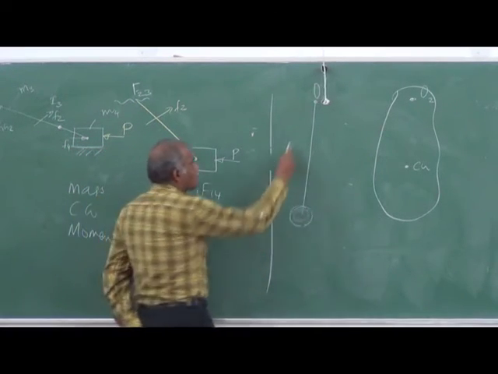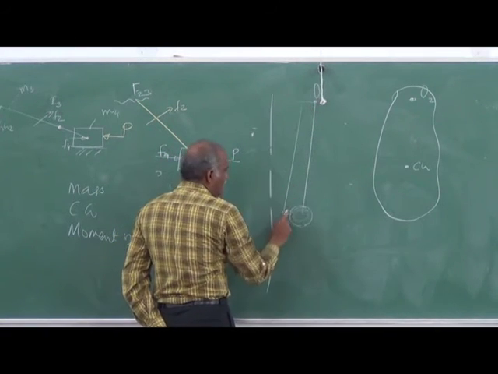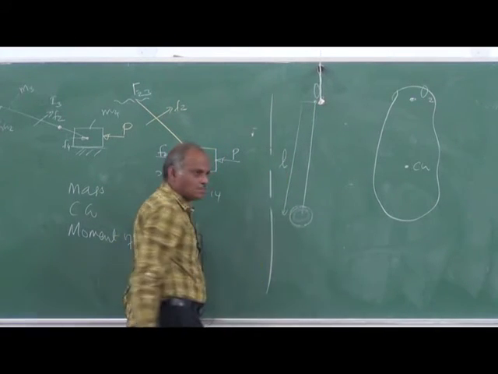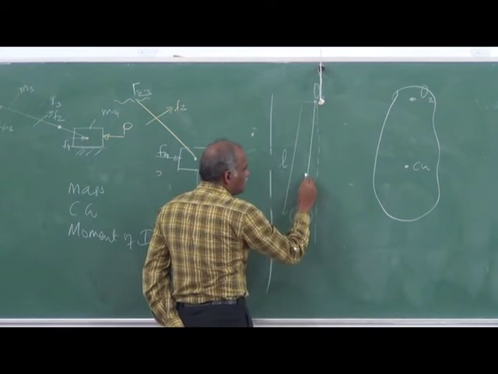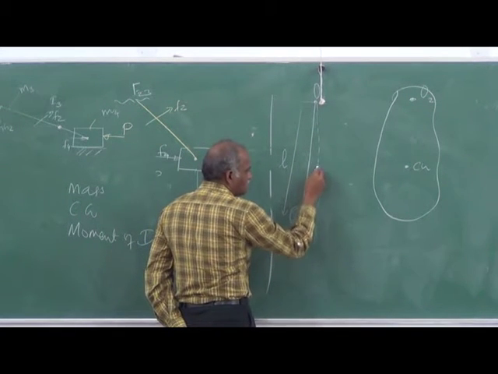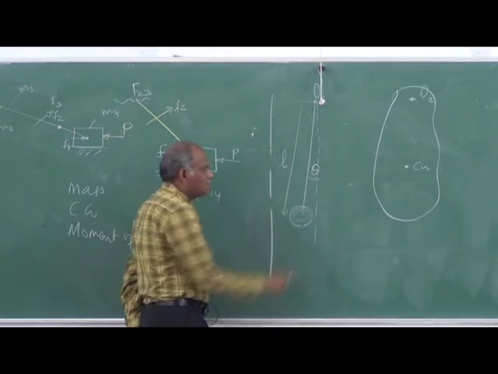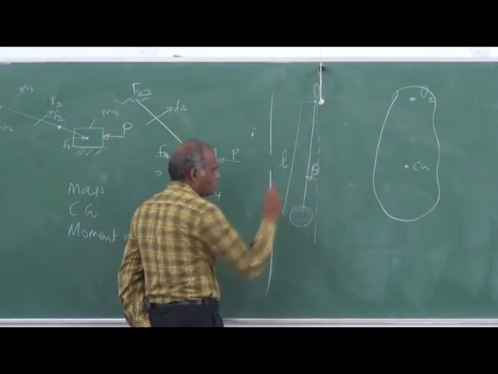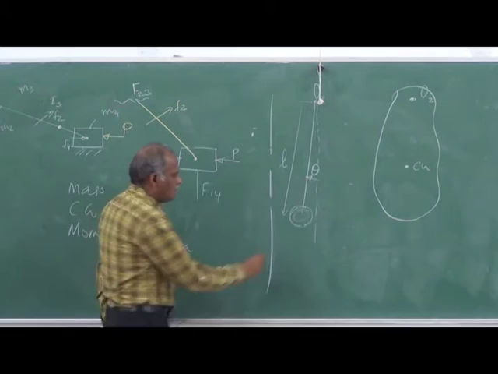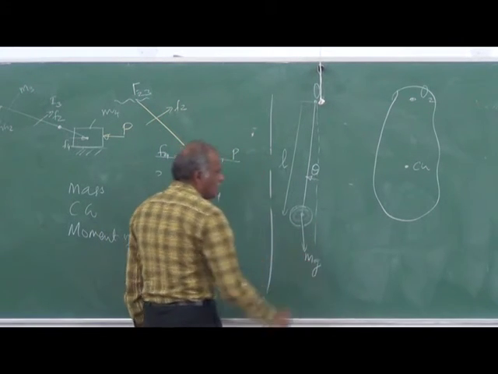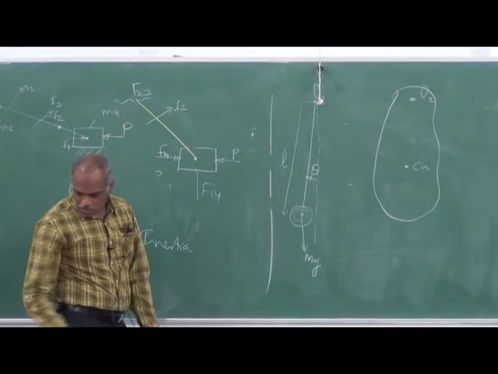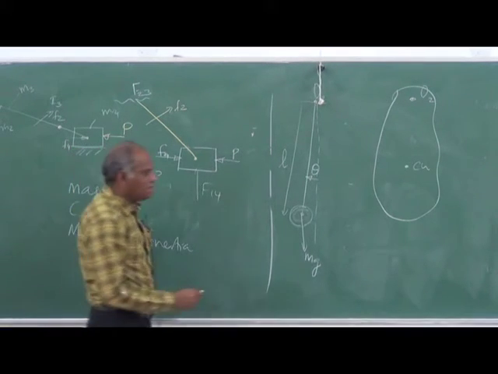So I take this as a length L, then it is displaced at this instant by an angle theta. Then the weight, that is mg, will be acting all the time in a vertical direction.